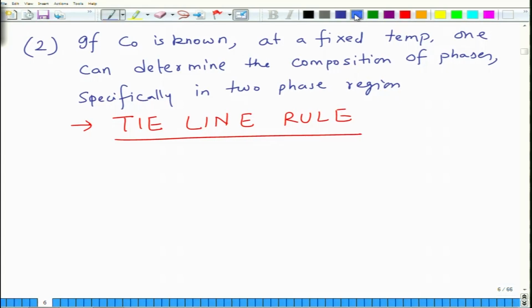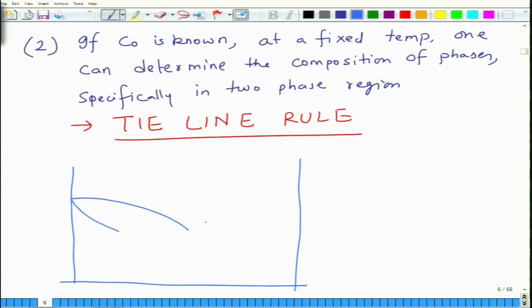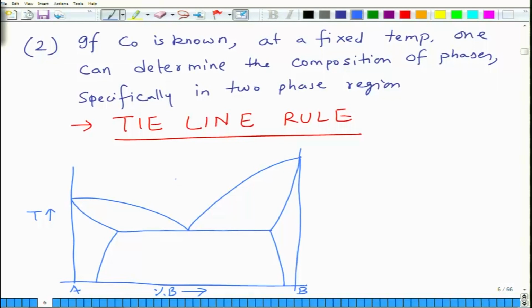So what it means is that when you have a phase diagram like this, let us say you are at this composition.